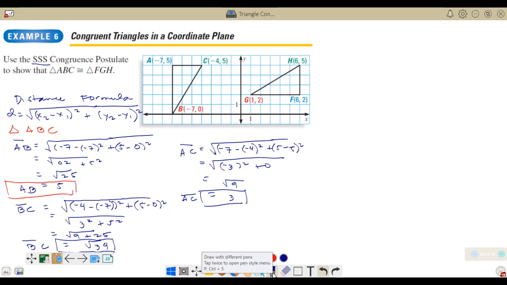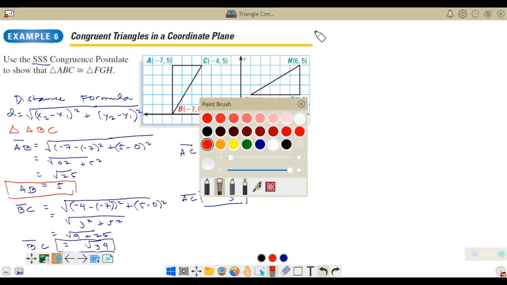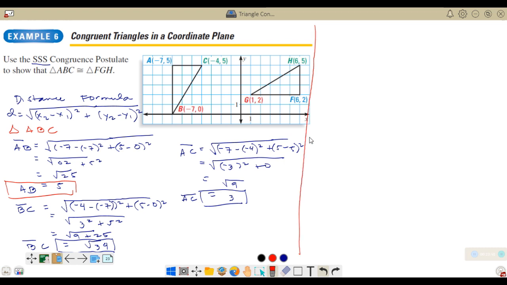Check natin yung kabilang triangle. Drawing tayo ng division dito. Yan. So, this is for triangle FGH na. Unahin natin si, hindi ko alam kung sino yung mga segment na magkakasukat dito. So, unahin natin si FG. Segment FG is equal to the square root of, ito yung FG, we have 6 minus 1 squared plus, ito yung ginamit kong x sub 2.